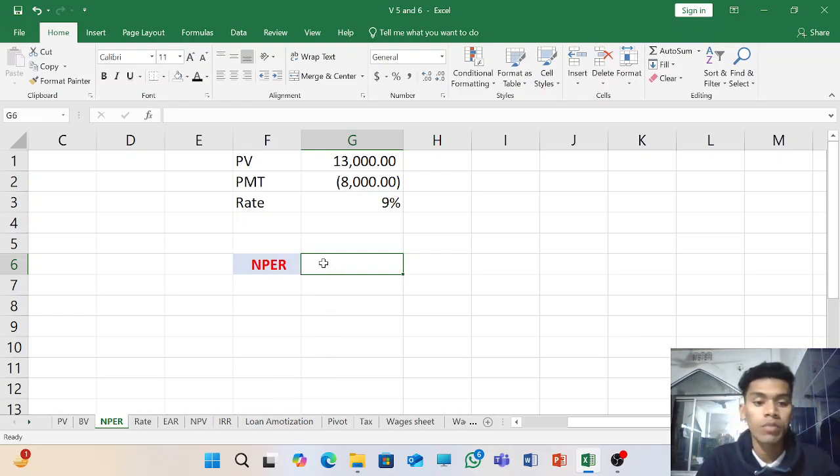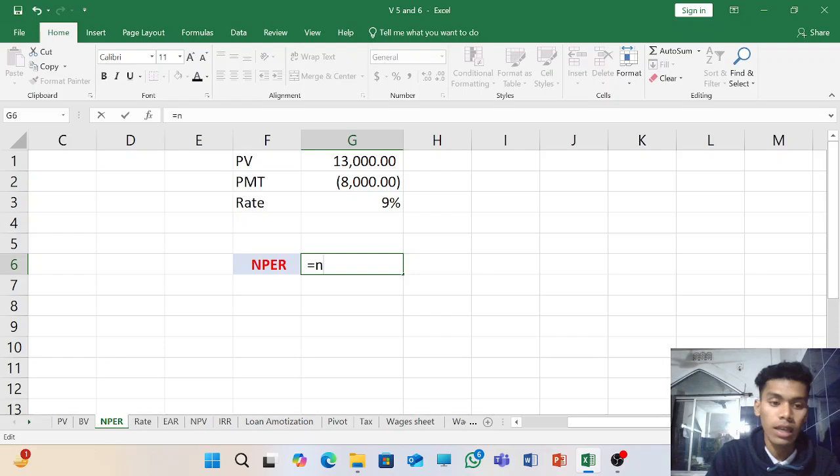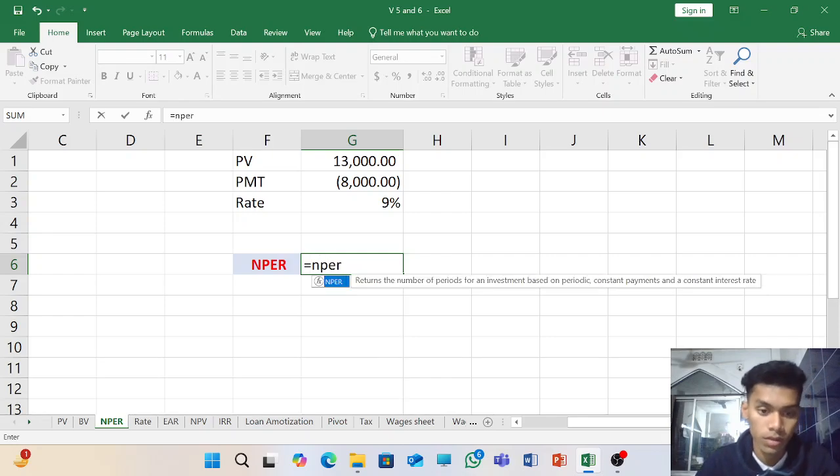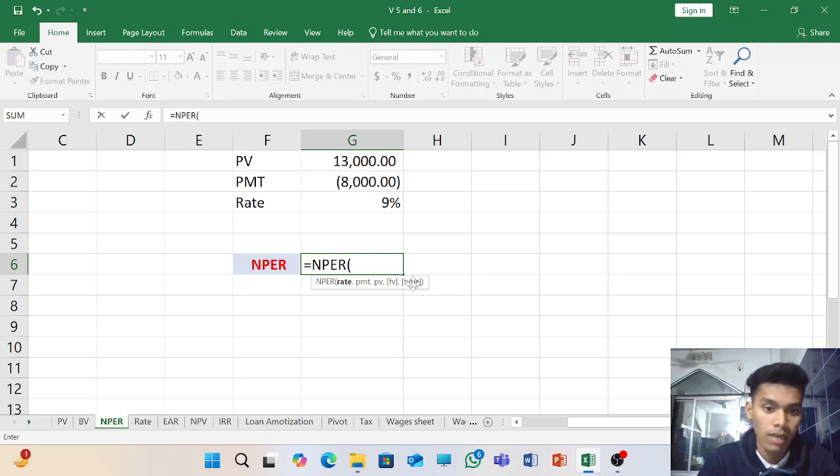Okay, so now how to calculate the NPER. The formula of the NPER is equal NPER, double click NPER. We need the rate, PMT, PV, FV.